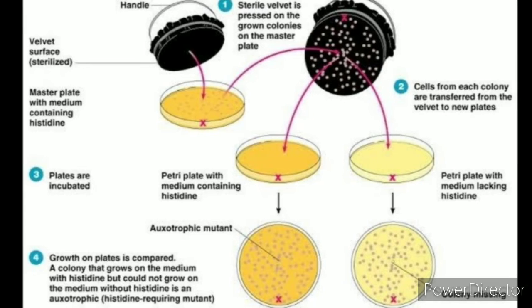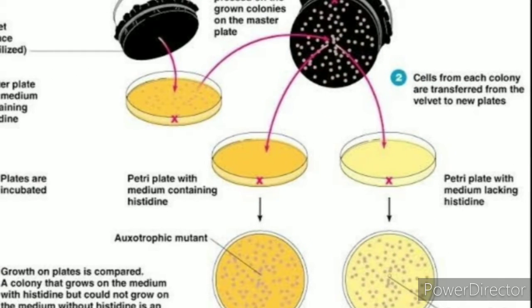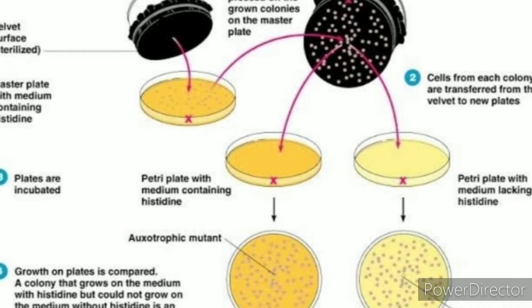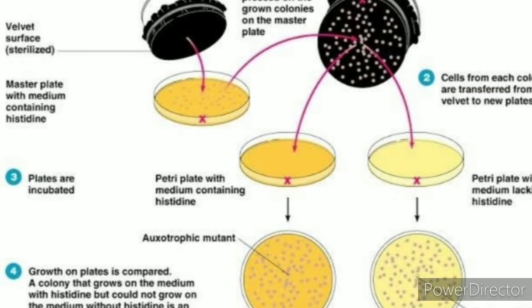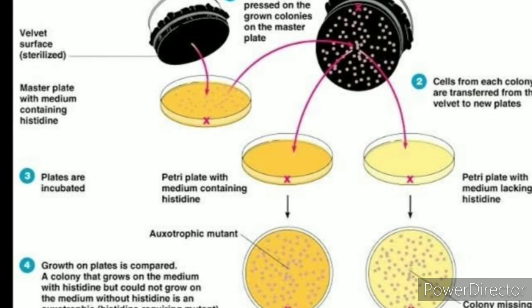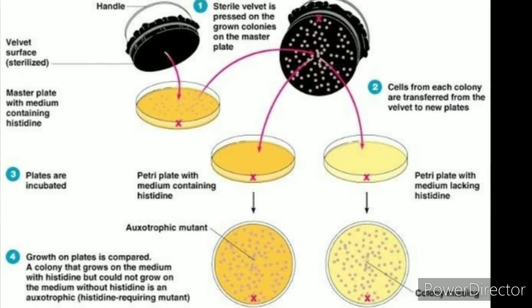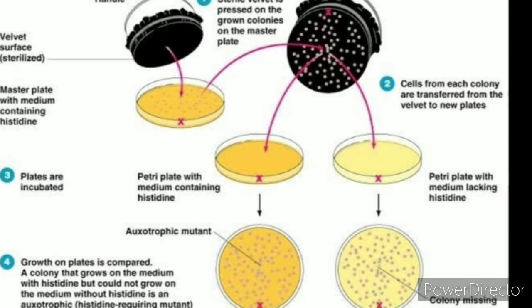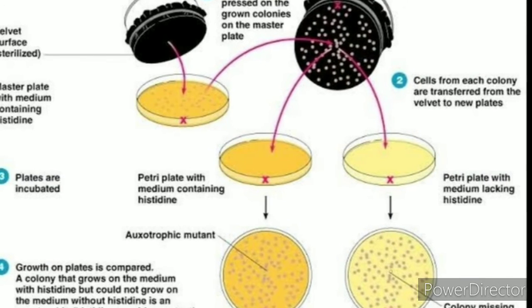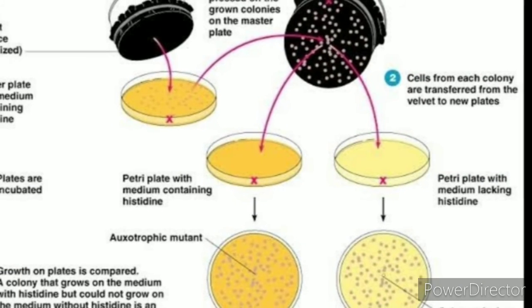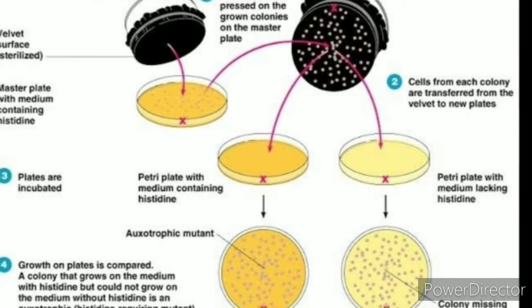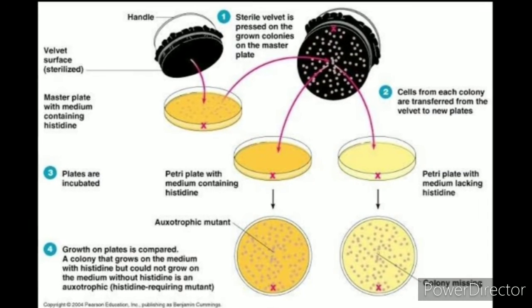Then the filter is pressed against a second sterile culture plate. This results in the new plate being infected with cells in the same relative positions as the colonies in the original plate. Usually, the medium used in the second plate will differ from that used in the first. It may include an antibiotic or exclude a growth factor.